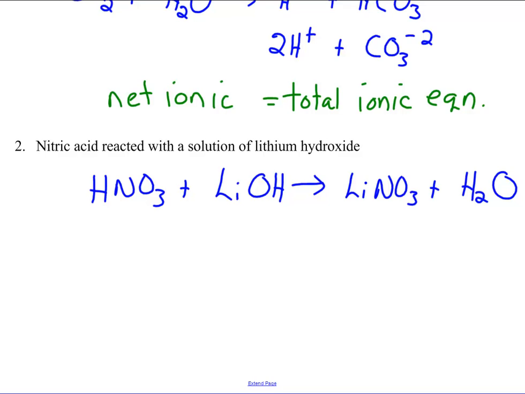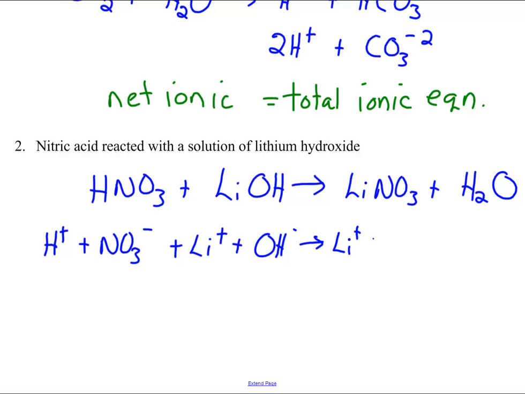So nitric acid is an ionic compound, so I get hydrogen ions, nitrate ions. Lithium hydroxide bases are ionic compounds, so I have lithium ions, hydroxide ions. Lithium nitrate is a soluble compound. One of the things we will learn is all nitrate compounds are soluble. And then here's water. Water's polar covalent. Can't break it into ions, so I write it as water.